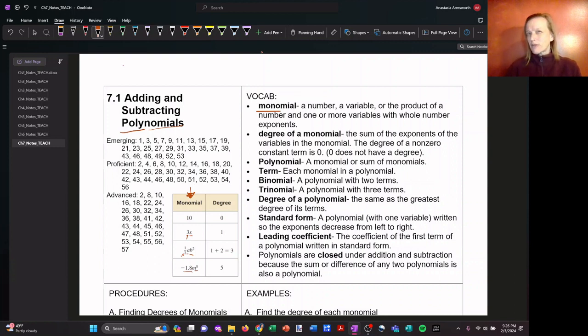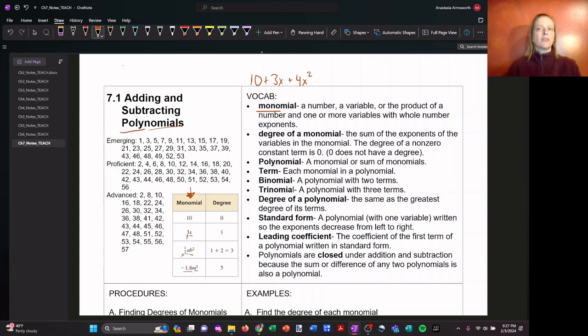It's a measure of the exponents on the variables. But those are examples of what monomials are. Now, a polynomial is if we take one or more monomials and add or subtract them from each other. So 10 plus 3x plus 4x squared, something like that, would be a polynomial.